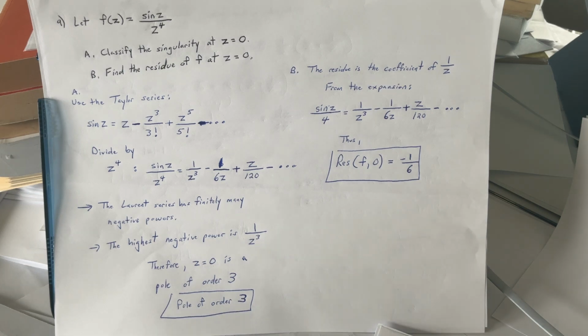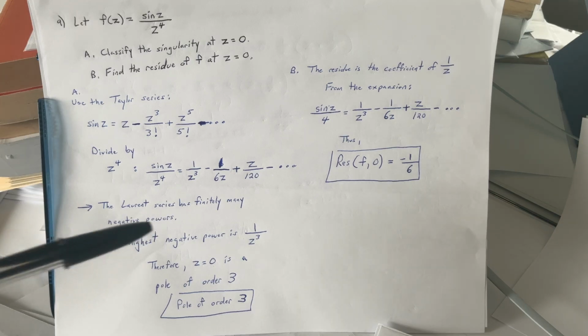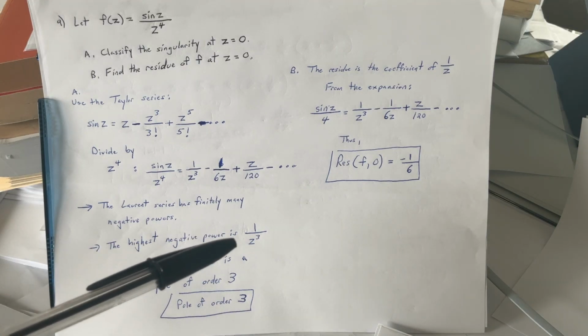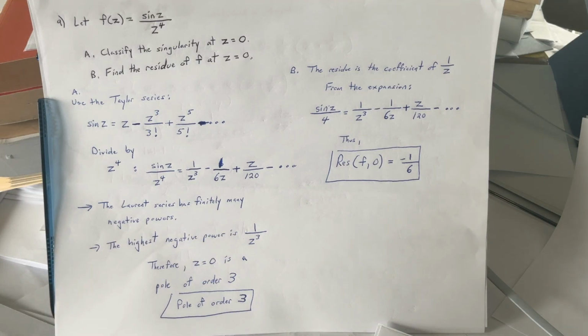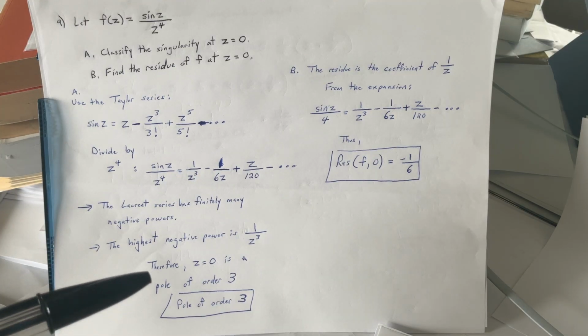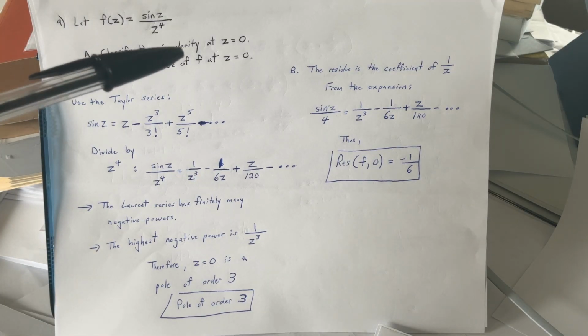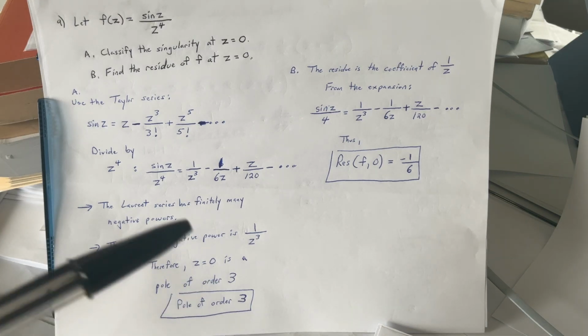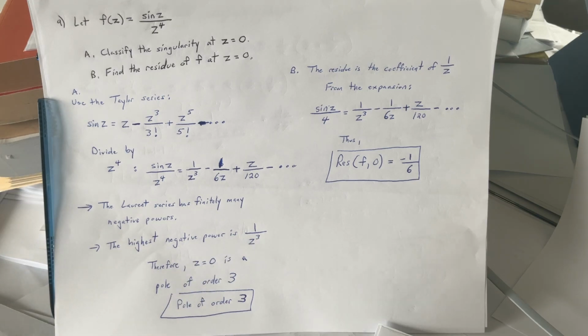So in this situation, the Laurent series has finitely many negative powers. The highest negative power is going to be 1 over z cubed, that first term. So therefore, when classifying the singularity at z equals 0, z equals 0 is a pole of order 3.